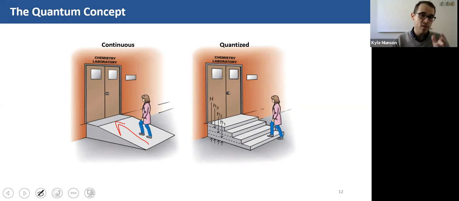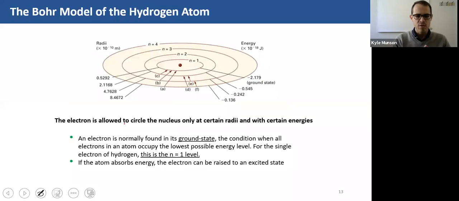Now if we go back to the Bohr model for the hydrogen atom, let me draw a little electron here, not to scale. The electron is normally found in its ground state, and it can only circle around the nucleus at certain radii and with certain energies.